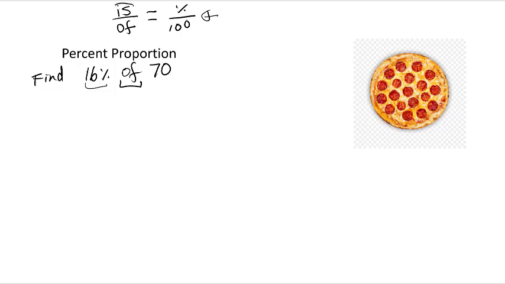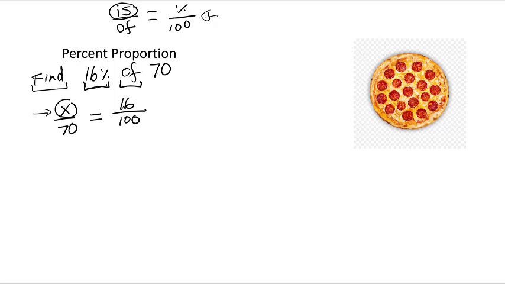What we're missing is the is. So this time is is our variable. So we have x, our variable. The ratio of x to 70 is equal to the percentage in number, which is 16, divided by 100. We have to find what part of 70 gives a percentage of 16%.